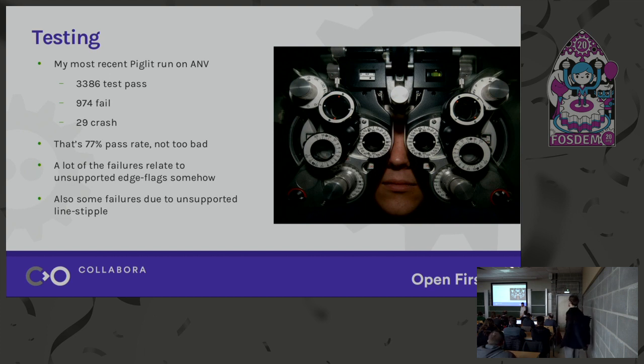Line stipple we have an easy way forward with, because there's an extension for better lines in Vulkan now that is exposed by, I think, both the ANV and RADV drivers that allow us to forward line stippling. I have some experimental patches for it. Last time I tried, there seems to be some differences in how this works in Vulkan and OpenGL, so it didn't really pass a whole lot of tests. It started stippling, but there's some more stuff to it.